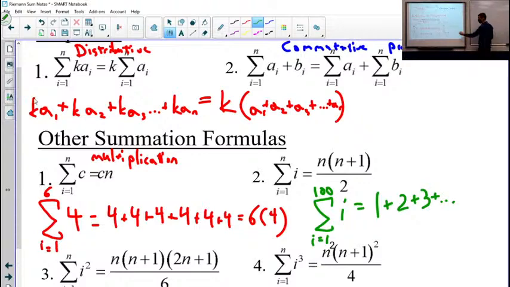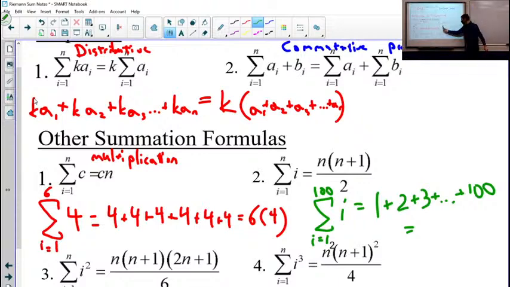All the way up to 100. And what this is saying is that there is a formula for this that you can prove, and that you can work with as shorthand in getting the sum. It is the same as n times n plus 1 over 2.